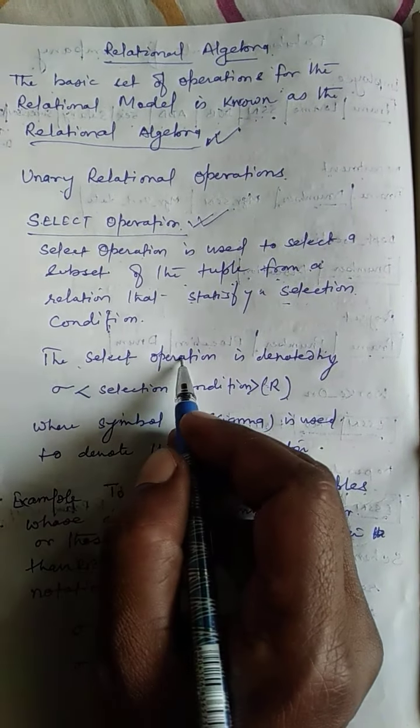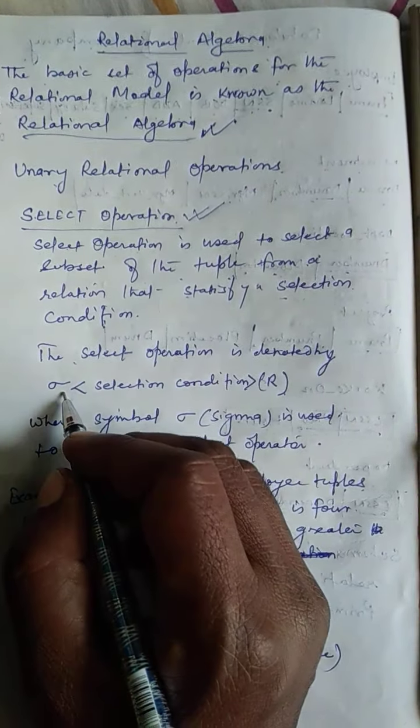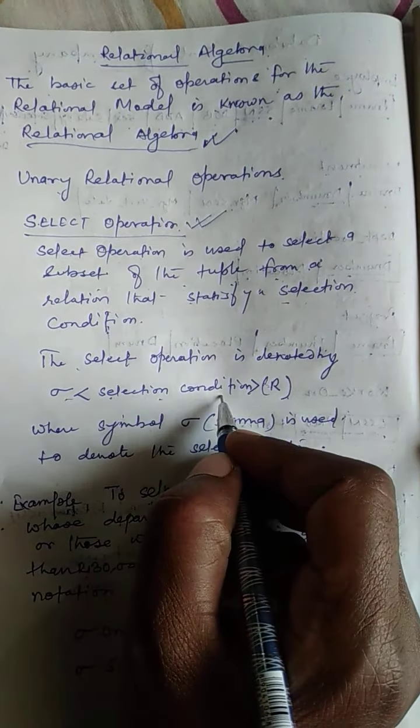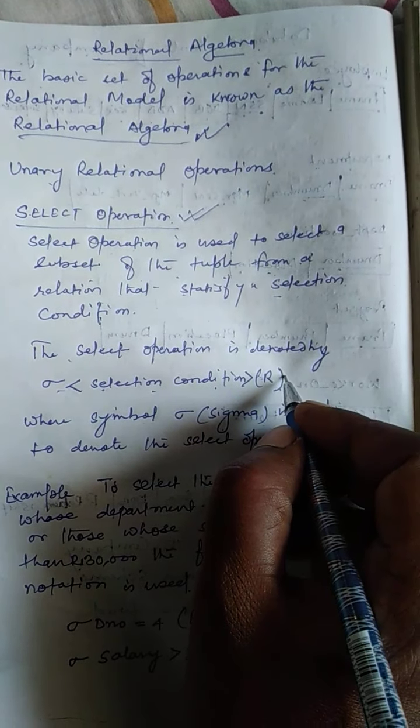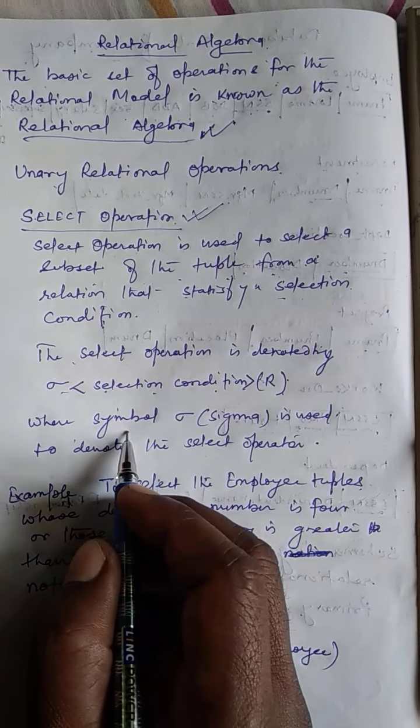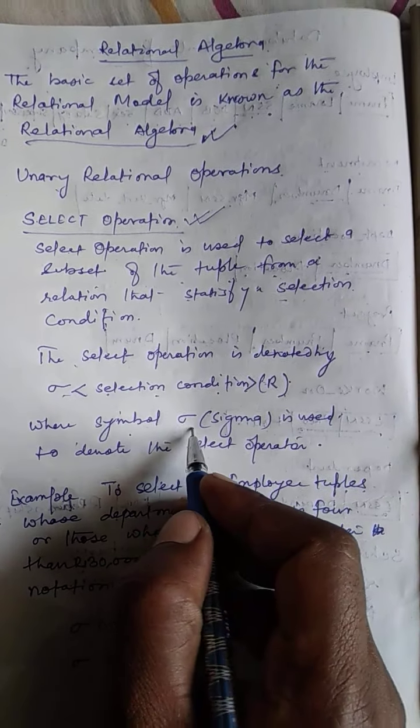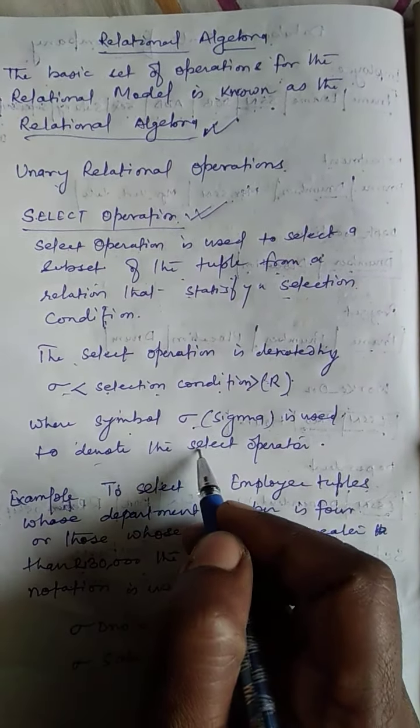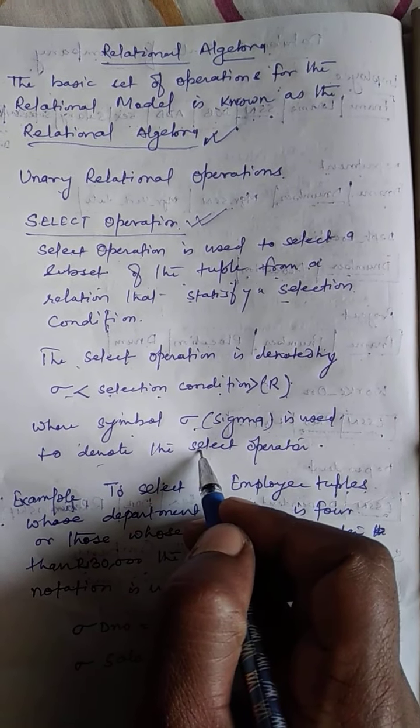The selection operation is denoted by select, selection condition, and relation, where the symbol sigma is used to denote the select operation.